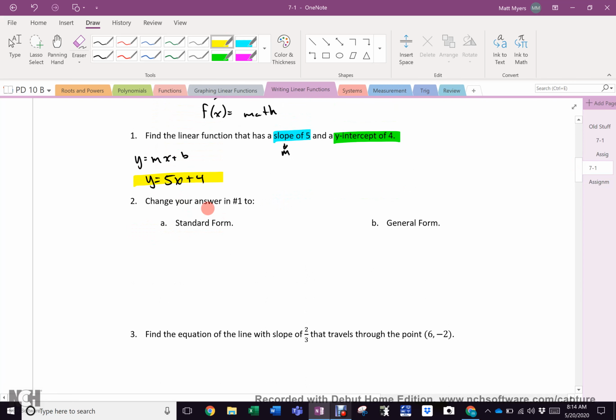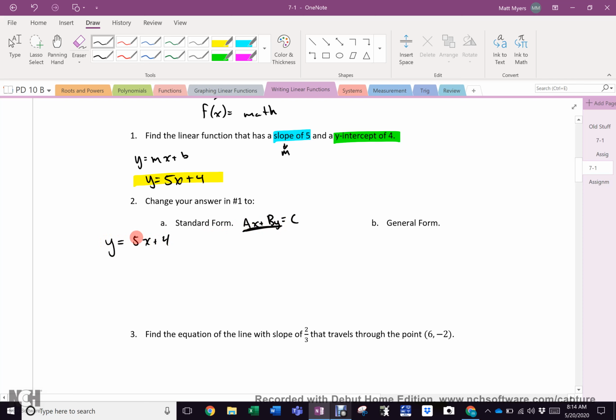Take this answer and turn it into standard form. Standard form, ax plus by equals c. So all I do is I put the x's and y's on the same side. This x is on the wrong side, so y equals 5x plus 4. Now I remember that the x has to be positive. So this x is positive.